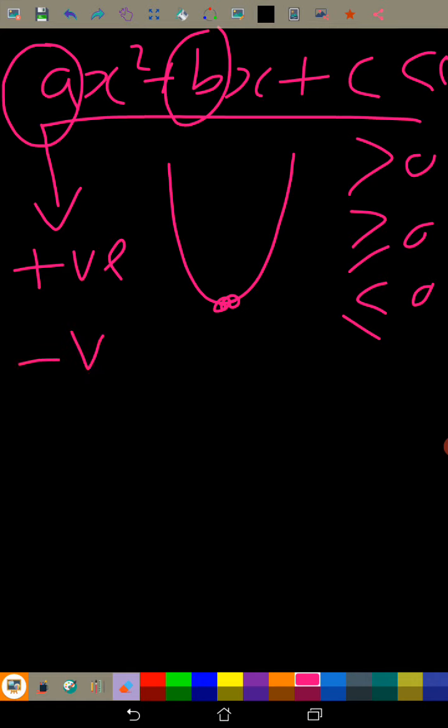But if it's negative, this coefficient of x squared is going to have a maximum, and it's going to be in this shape. This is something very important, the coefficient of x squared.